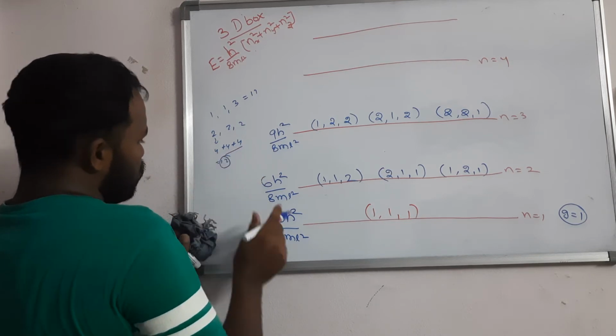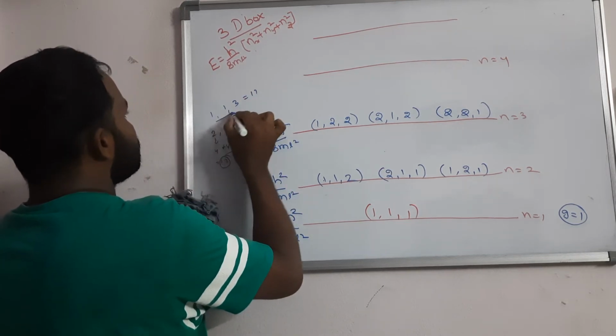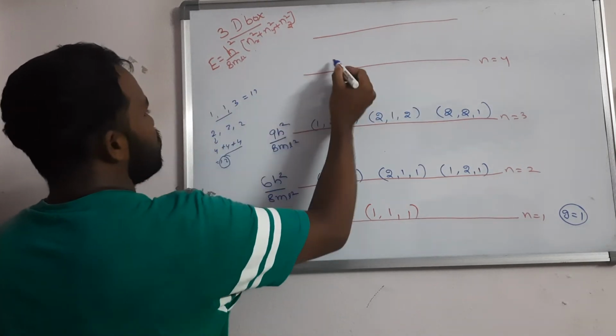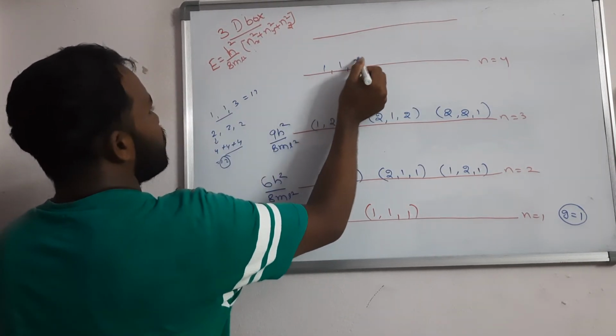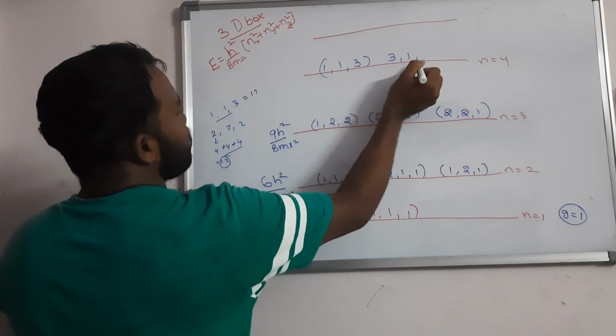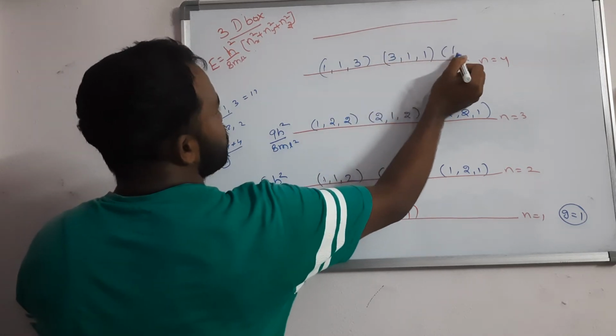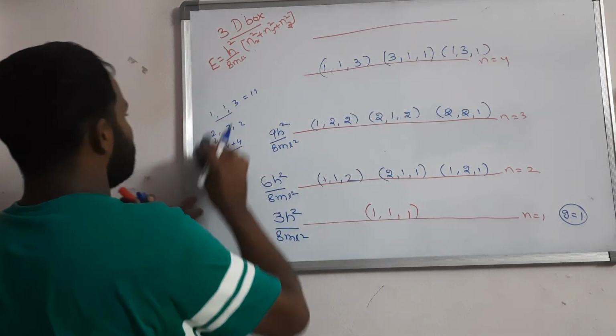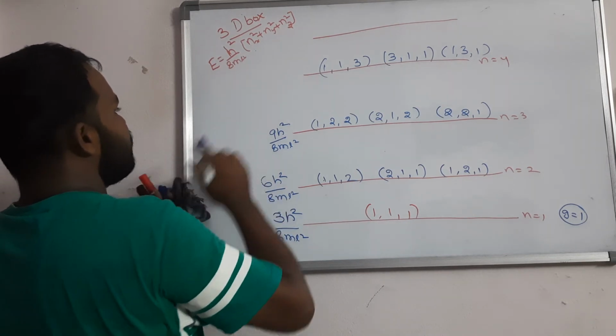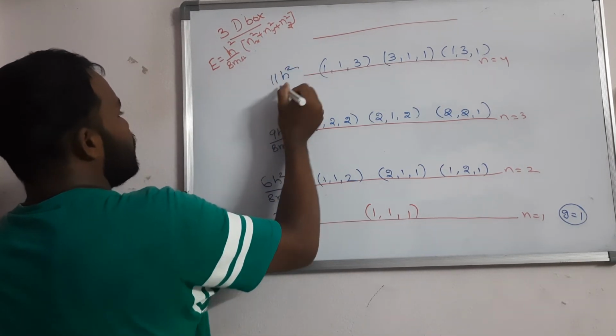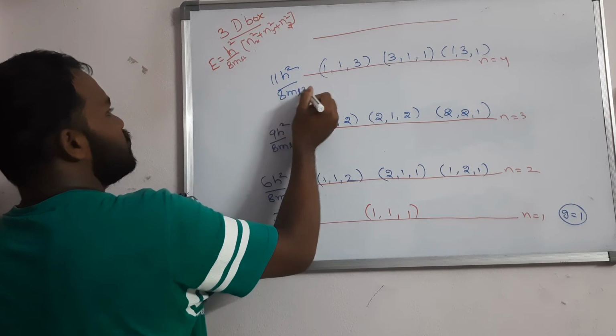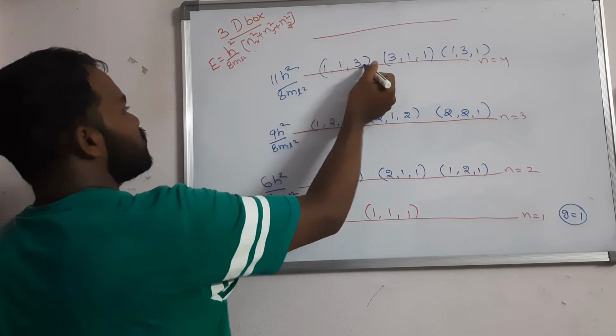So now you should take 1 1 3. Possibility is 1 1 3. So you should write 1 comma 1 comma 3, 3 comma 1 comma 1, next 1 3 1. So the energy is 11h square by 8ml square. 1 plus 1 is 2, 2 plus 9 is 11.